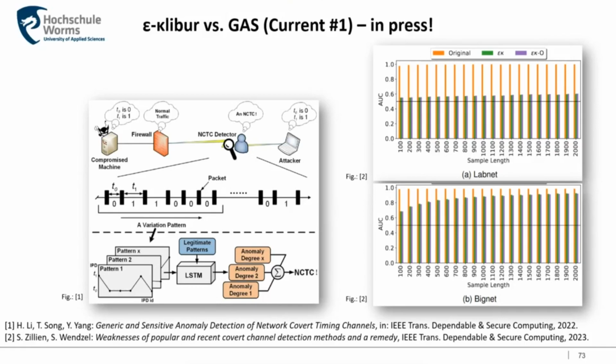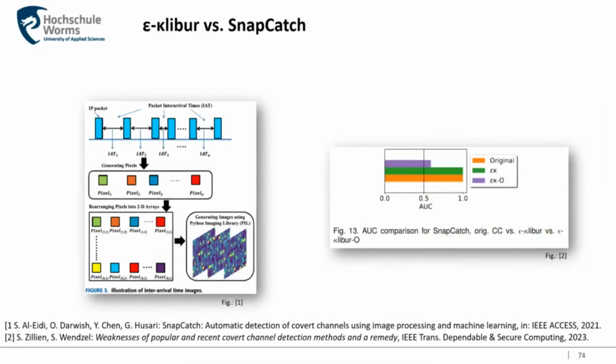So the AUC is between 0.05 and 0.6 for the LabNet. And for the bigger network, a remote connection, it can still go down to about 0.7, but can partially be detected as well. So we can decrease the performance of this very best method. It was still impressive back then. And we picked the second one, Snapcatch.